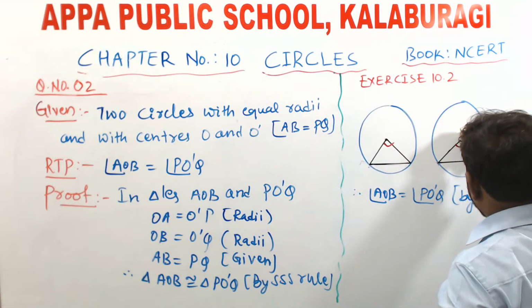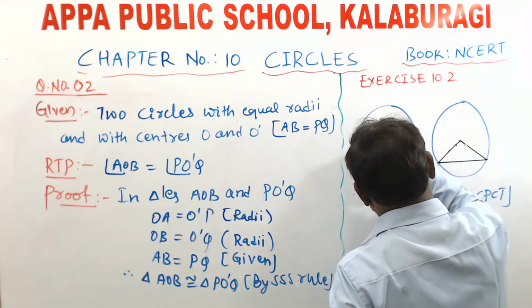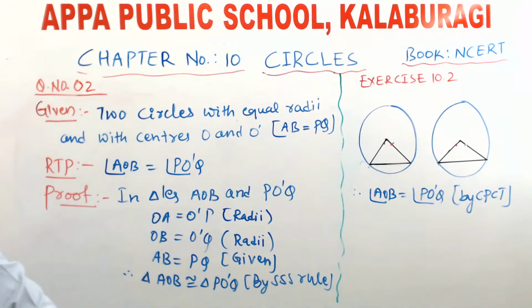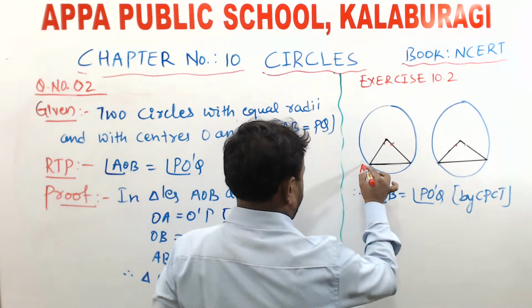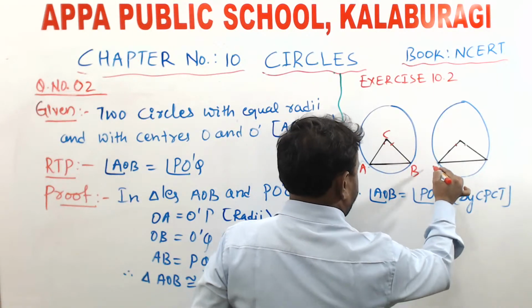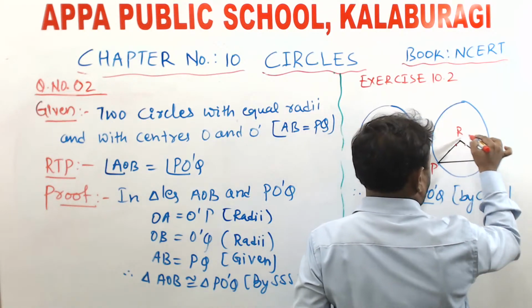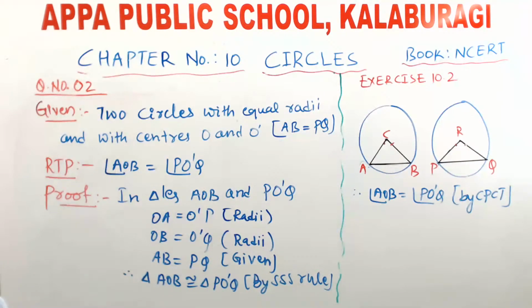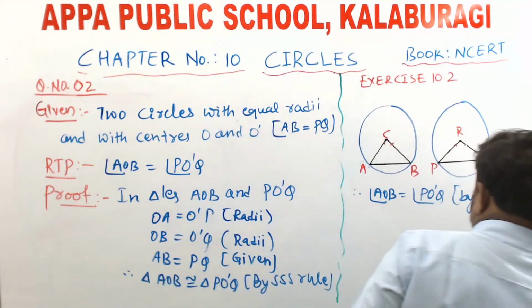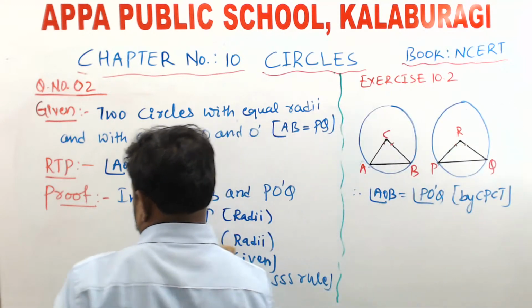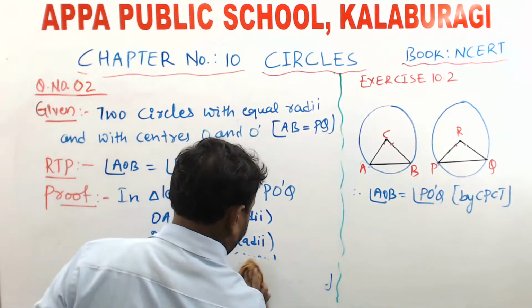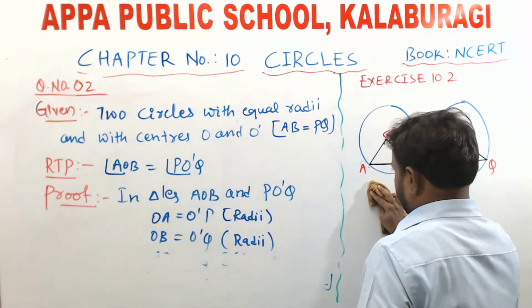The diagram is same. So next what I will write, listen here: ACB, PRQ, instead of that I am taking here. I will remove question number 1 of exercise 10.2 and move to the next question.